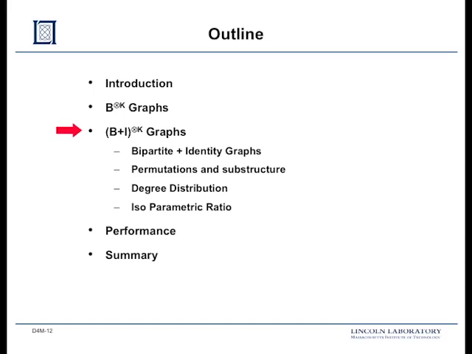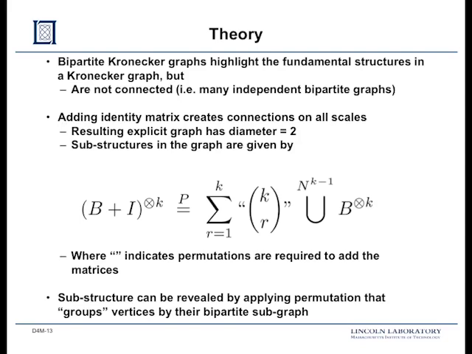That will then connect all our sub-bipartite graphs together. So we take our bipartite graph plus identity, and that's essentially this combinatorial sum of the individual bipartite graphs, where the quotes mean that you need a permutation to make this all work out.